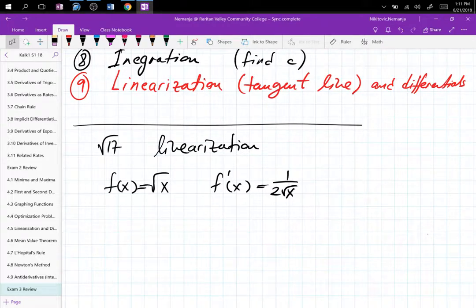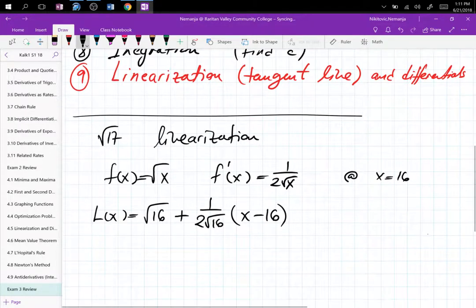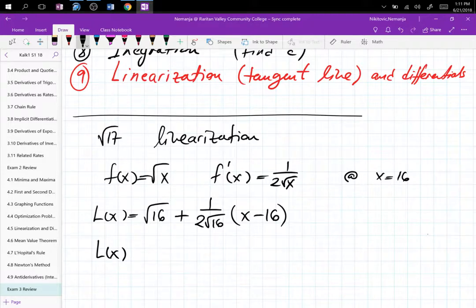The linearization way is to say L of x is equal to f computed at a, plus f prime at a times x minus a. We are doing this at x equals 16, so that's the square root of 16, plus 1 over 2 square root of 16 times x minus 16. Guys, when I say linearization formula, you are getting the tangent line, and then you just plug 17 into that line and you're done.